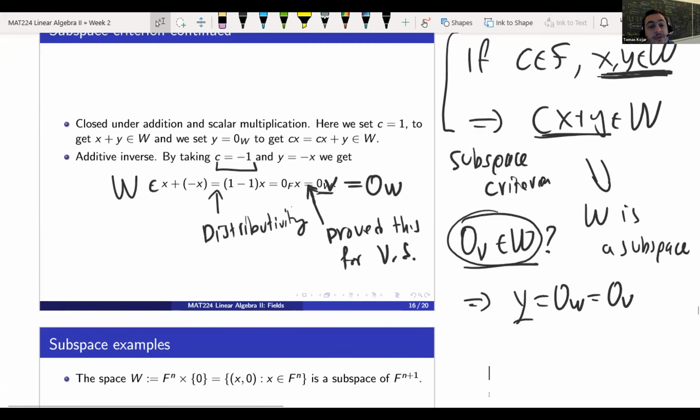All right, so we showed the existence of the additive inverse. We showed that if you give me x in W, I take -1F x, and we showed that this is also in W. Okay, so this is by scalar multiplication.